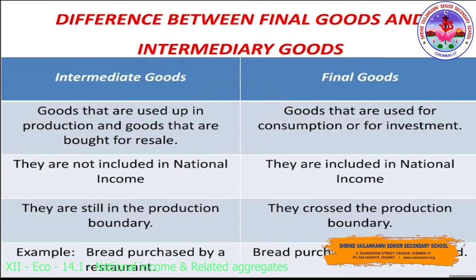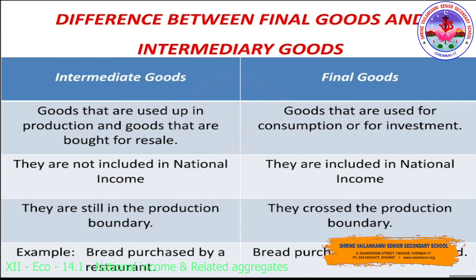Now, the difference between final goods and intermediate goods. Intermediate goods are goods that are used up in production and goods that are bought for resale. Final goods are goods that are used for consumption or for investment. Intermediate goods are not included in the national income, but final goods are included in the national income.